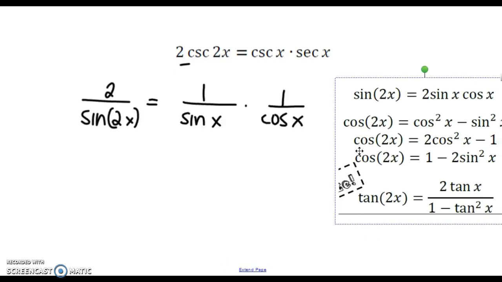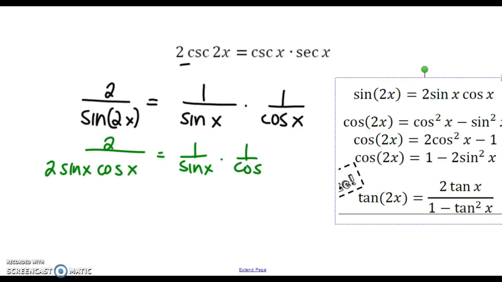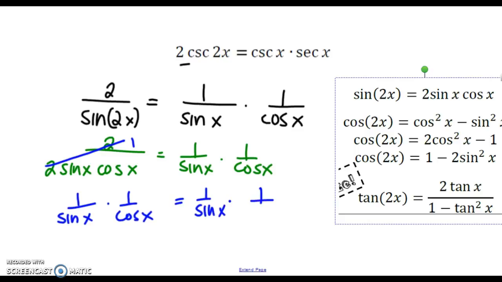Now at least with sine of 2x, there's only one substitution you can make. Your 2's are going to go away, replace it with a 1. And it looks like we have those 2 sines that match.